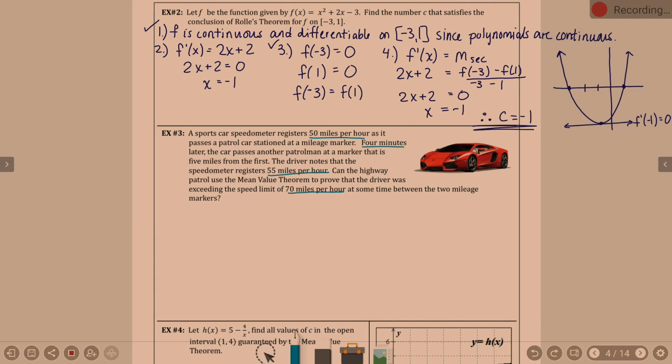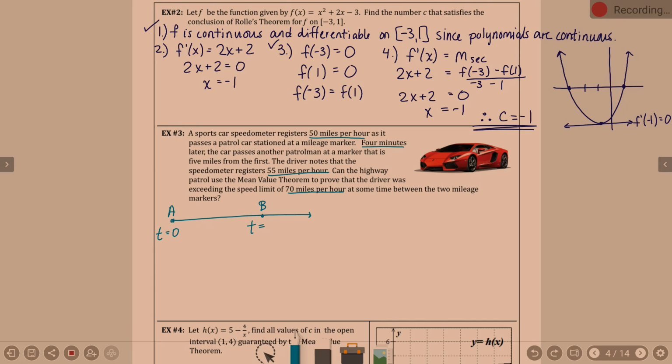So, let's see. The idea is we have this point A, which I'll call point A, I guess. Time t equals 0, yes? And then we have this point B. If we're trying to work this whole problem in terms of hours, what is 4 minutes? 4/15 of an hour.